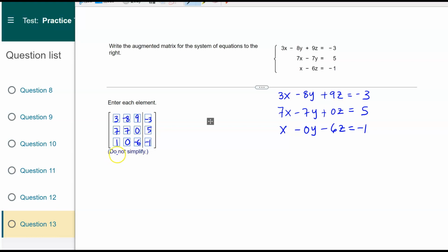When you check, you make sure that the first column are the x coefficients, the second column are the y coefficients, and the third column are the z coefficients. The z coefficients are 9, 0, -6. The y coefficients are -8, -7, 0. And the x coefficients are 3, 7, 1. So that's it.